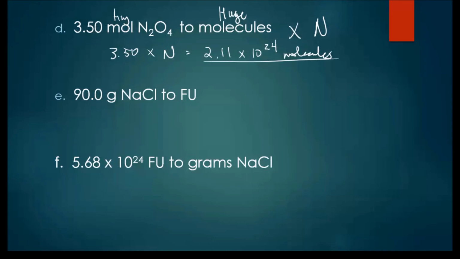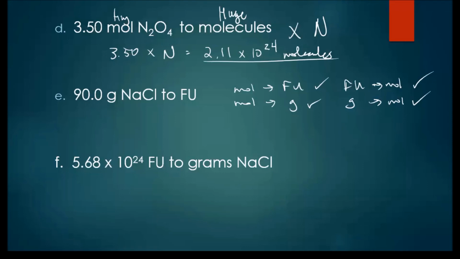What if we just put grams to FU. Moles to FU, we've done. Yes. FU to moles, we've done. Yes. Moles to grams, we've done. Yes. Grams to mole, we've done. Yes.